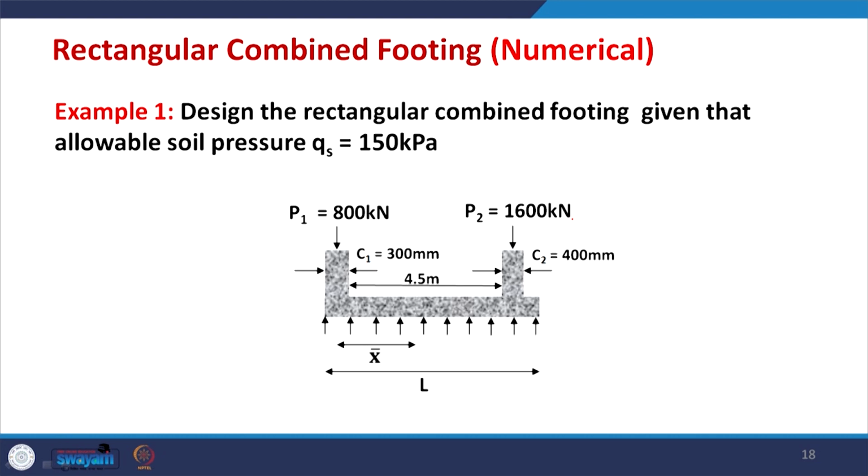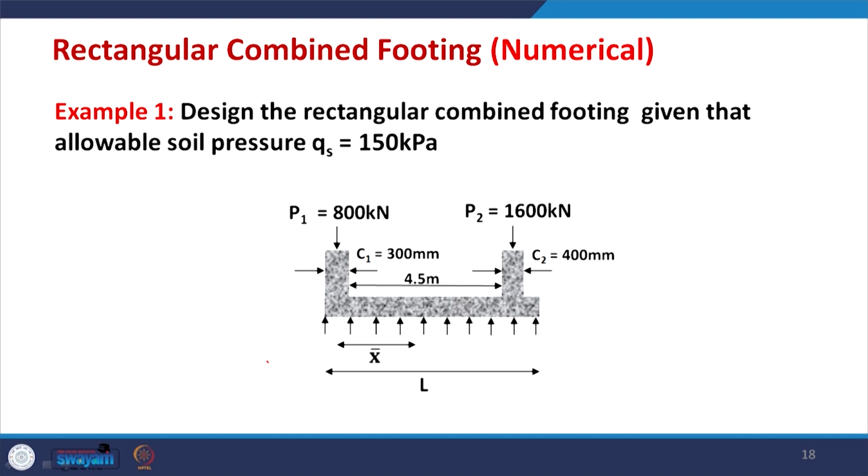That means the footing of the first column cannot be extended beyond this edge. The load carried by the first column is smaller than the second column, so the rectangular footing may be successful. But if the load were the reverse, that is, 1600 on the first column and 800 on the second, then the rectangular footing would not be possible.